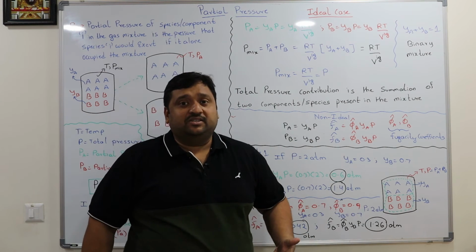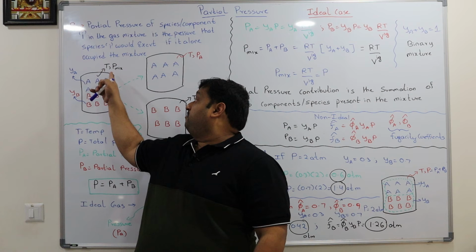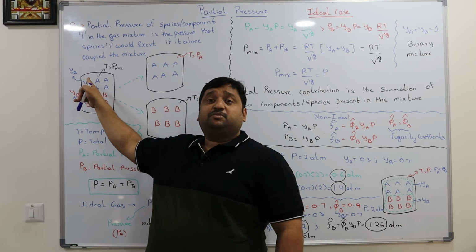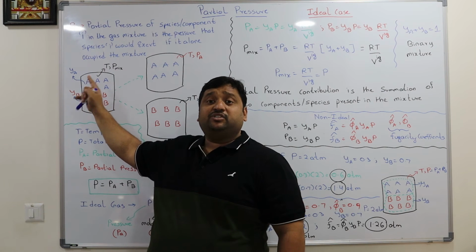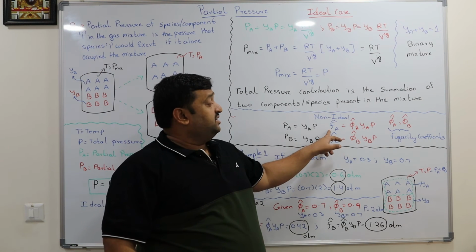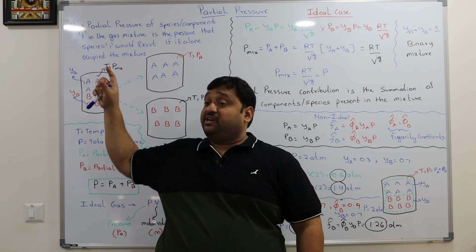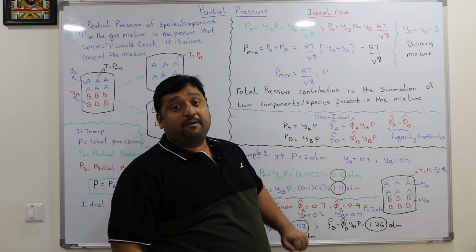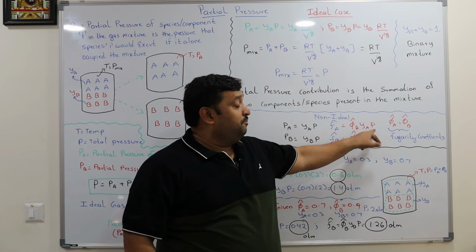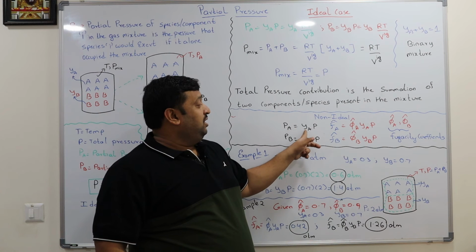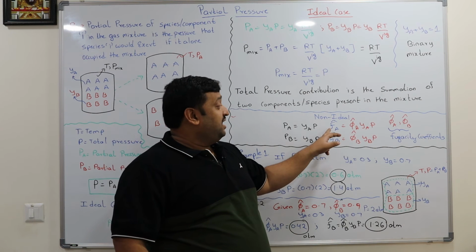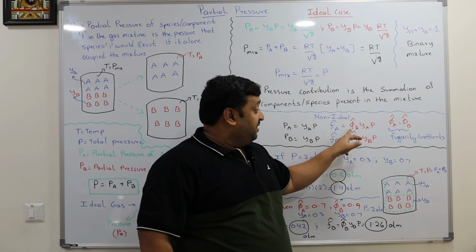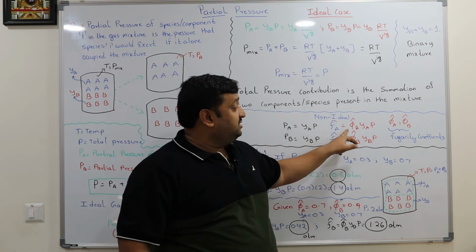Then how do we calculate the fugacity of A in this mixture, which is responsible for the reaction and separation to happen? The fugacity of A in this mixture is represented by F A cap, equal to Phi A, Ya, P. Here the partial pressure is only Ya into P, whereas the fugacity of A is Phi A into Ya, P. What is this Phi A?